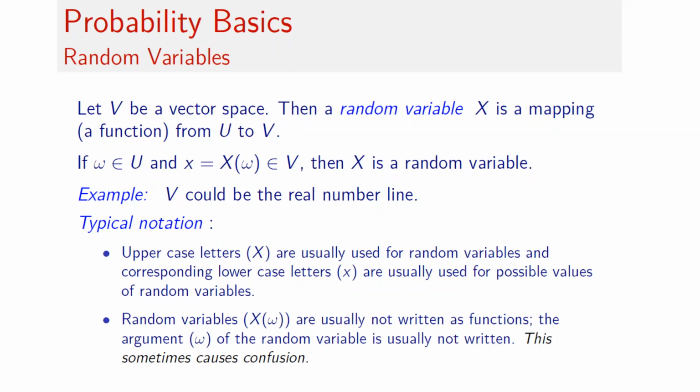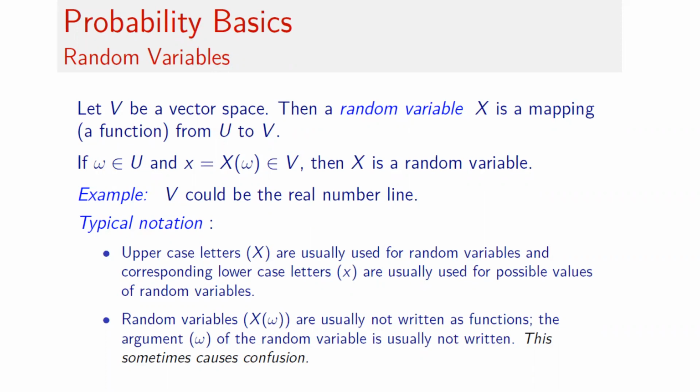So if lowercase omega is an element of capital U and lowercase x is equal to uppercase X of omega, and this is part of uppercase V, then we can say that uppercase X is a random variable.